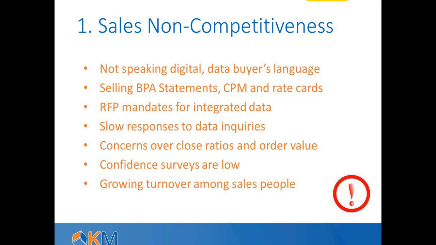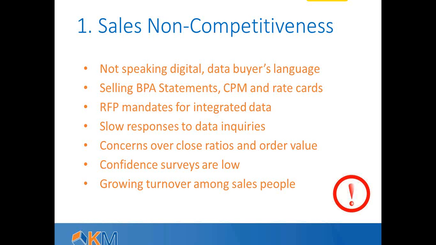Number 1 is that they're not speaking a digital and data buyers' language. We have turnover in buyers, new media buyers, and we're not speaking their language. Number 2 is they're still selling VPA statements, CPM, and rate cards. It's just a language that's dying in this industry. 3, a reason for non-competitiveness is that RFPs we're receiving from agencies and big media buyers are starting to ask for data.